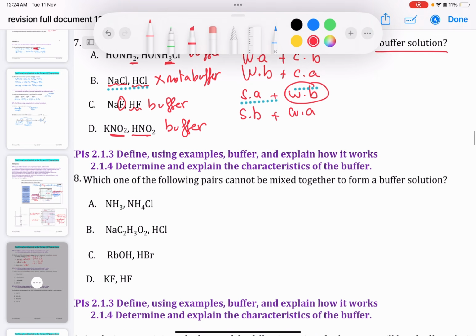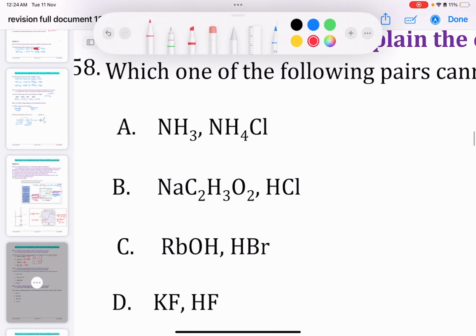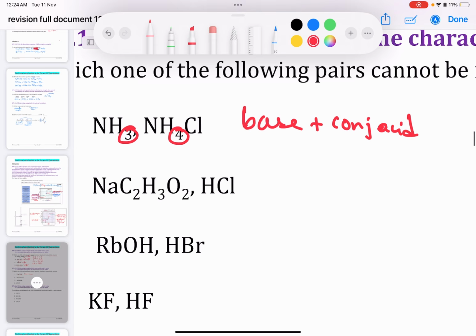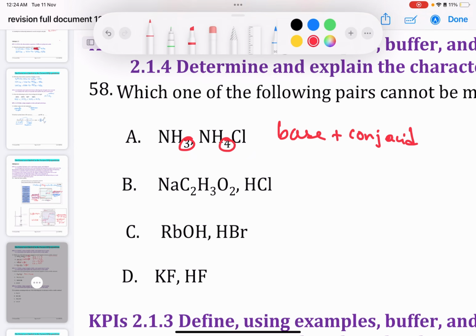So again, which one cannot form a buffer? So 3, 4. This is a base with its own conjugate acid. So that is a buffer. This is a strong acid with a weak base.